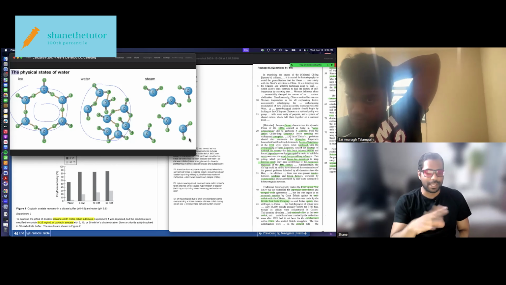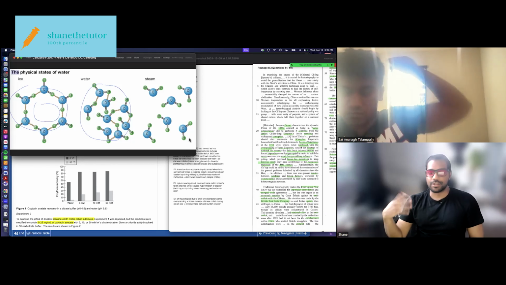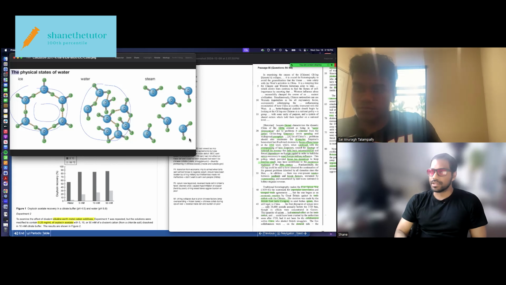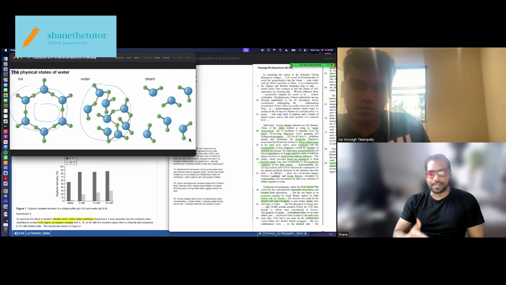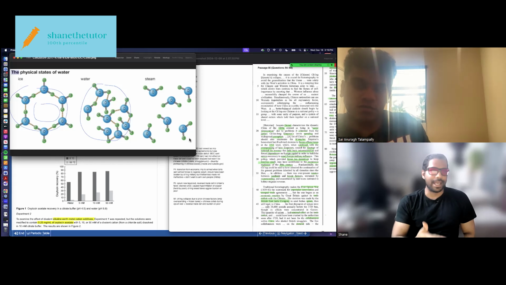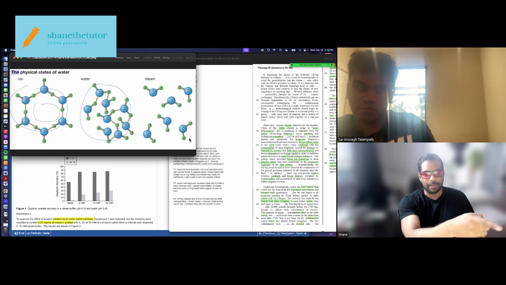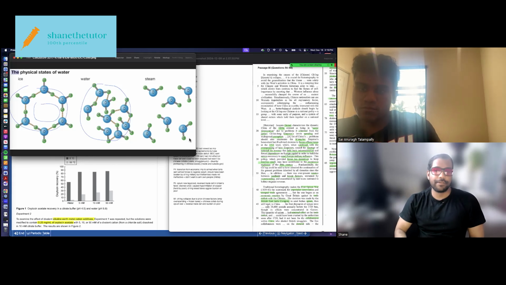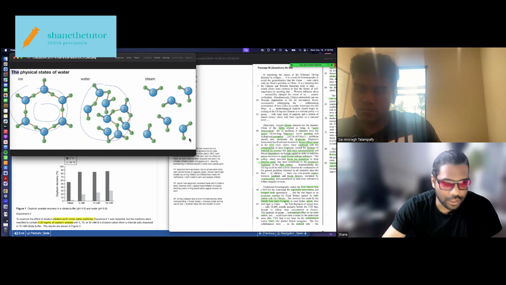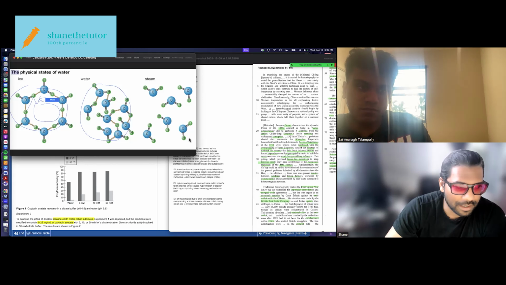So that's just why solid water is less dense. Now, same thing with colligative properties. If you had salts in there, it's going to interfere with the bonding of water to itself, meaning it can enter in, like you can have a sodium ion here.